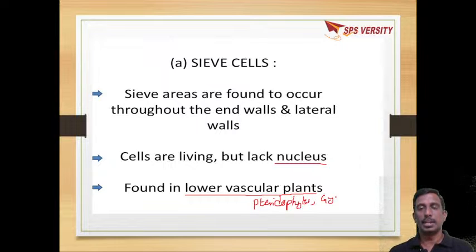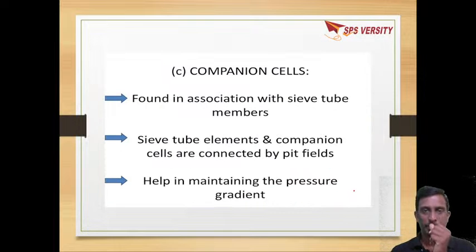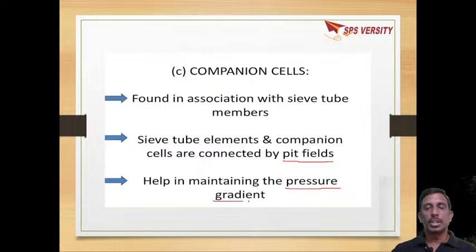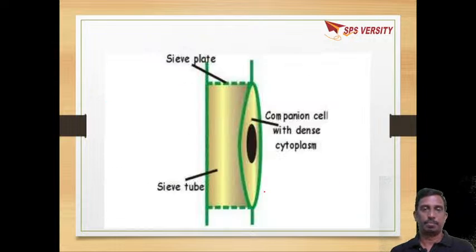So pteridophytes और gymnosperms में sieve cells रहता, angiosperms में sieve tube elements रहता. अब every sieve element is associated with companion cell, which are connected by pit fields, which help in maintaining pressure gradient. So this is sieve tube member, which is associated with companion cell.